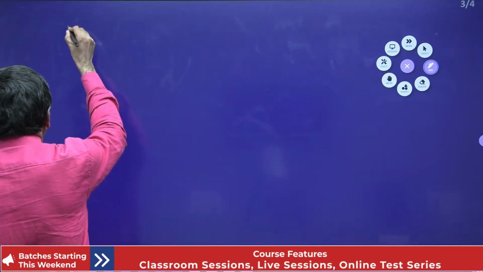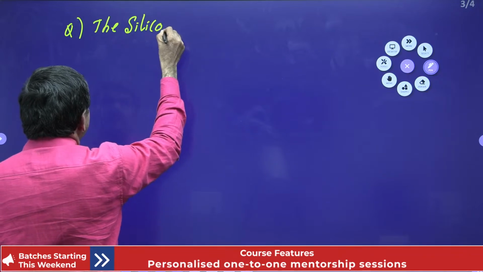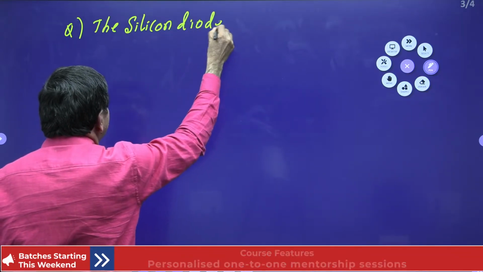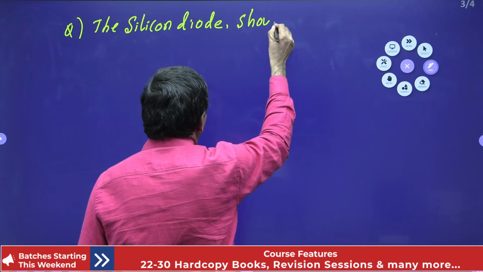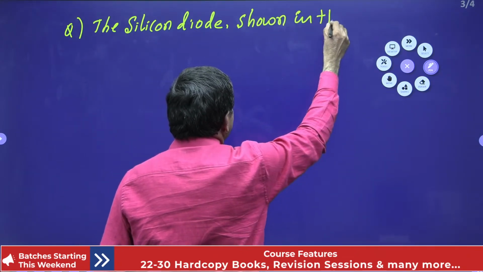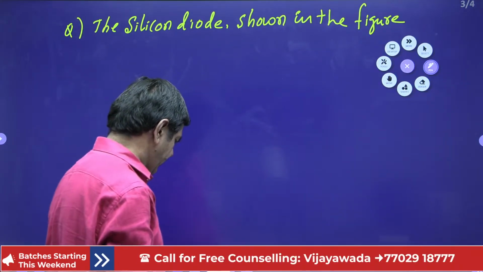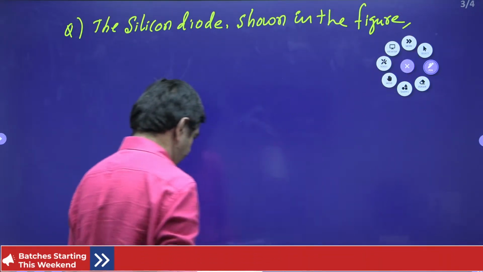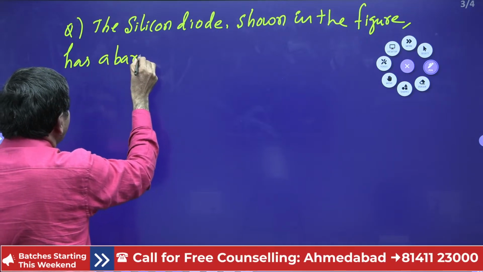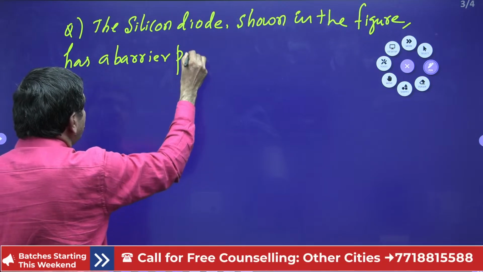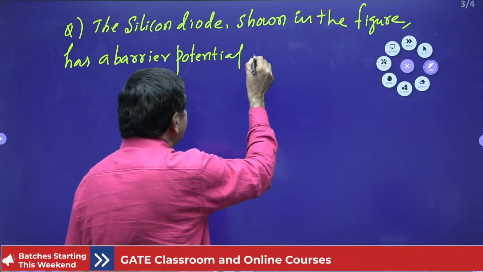The silicon diode shown in the figure has a barrier potential of 0.7 volts.